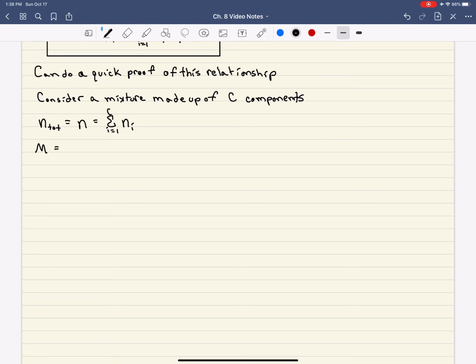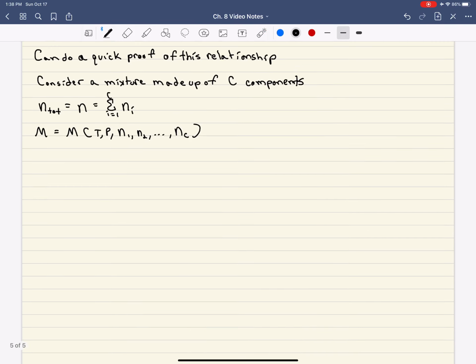And that our total extensive property M of the mixture is going to be a function of things like temperature, pressure, and then every single one of the moles of the different species. And so here, take notice that it's not C minus 1 species anymore. It's all the species, because now I'm not dealing with mole fractions. I'm dealing with just the molar values.